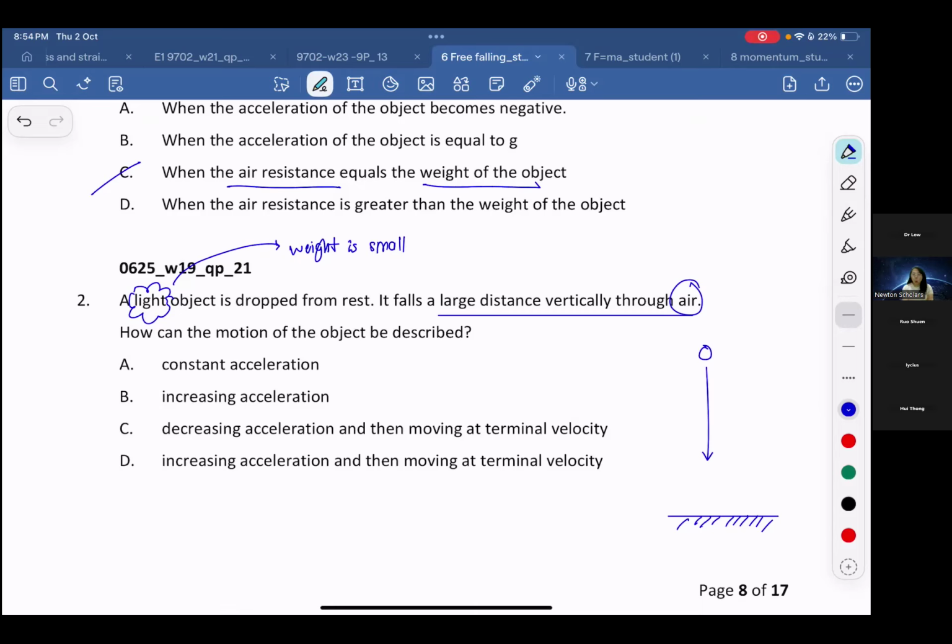It's falling down. After that, it starts to experience air resistance. What's going on with the acceleration? Because the air resistance keeps on increasing, at the moment when the air resistance increases until big enough, what's going on? What is your answer?